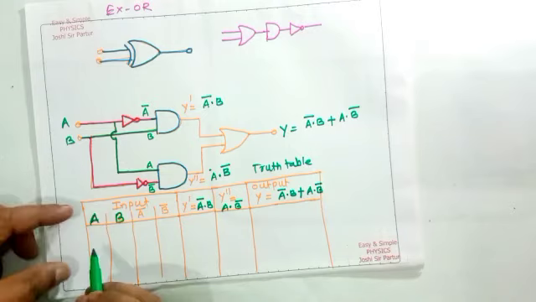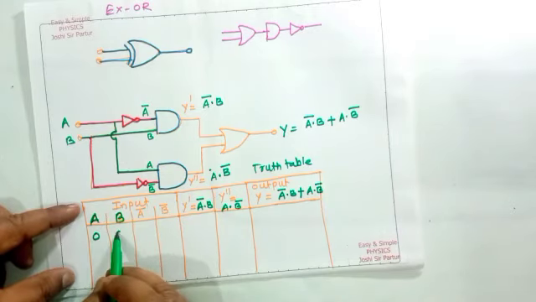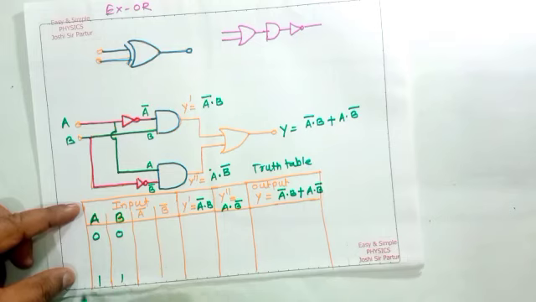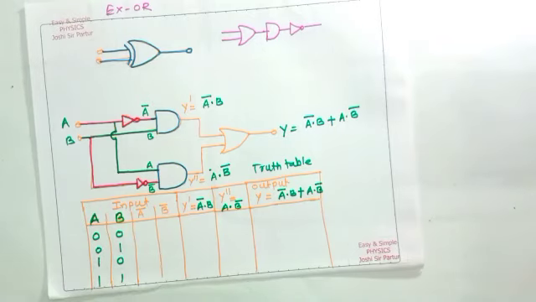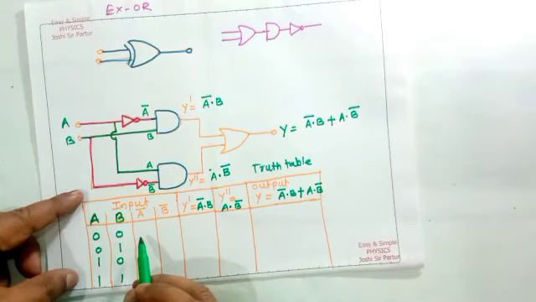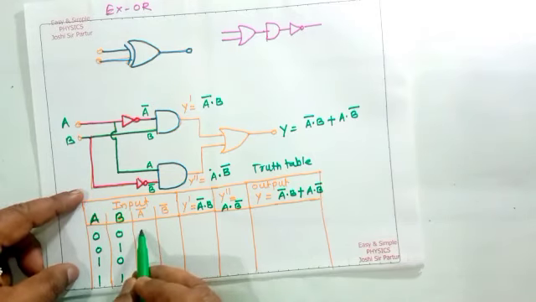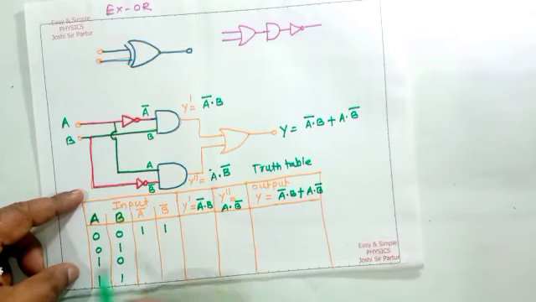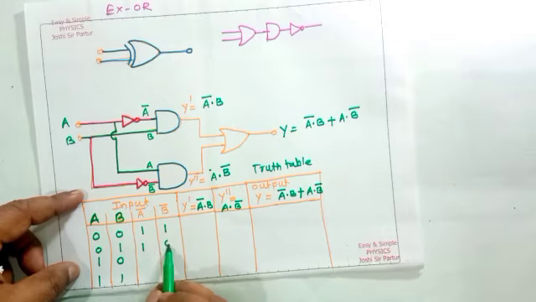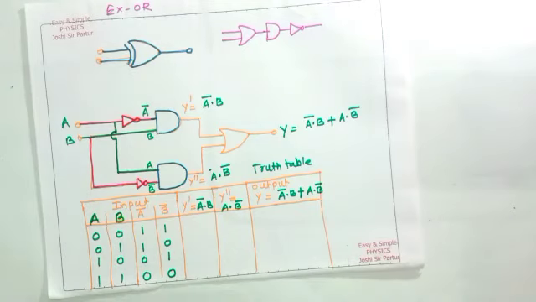So there are four conditions, four possibilities. Both inputs are low, both inputs are high, one input is low and another input is high, one input is high and another input is low. So their complements will be: for A, complement of A 1, complement of B 1; complement of A 1, complement of B 0; complement of A 0, complement of B 1; and complement of A and complement of B will be 0.